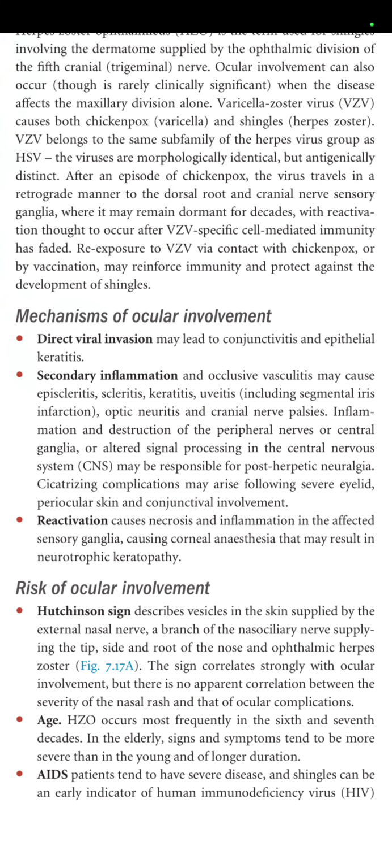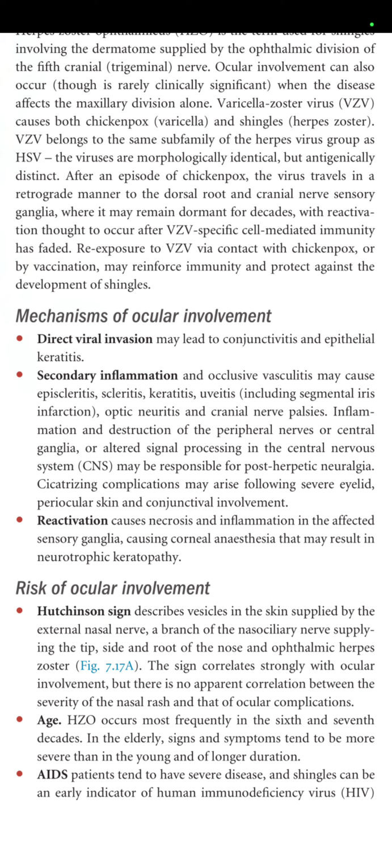Secondary inflammation and occlusive vasculitis may cause episcleritis, scleritis, keratitis, uveitis, including segmental iris infarction, optic neuritis, and cranial nerve palsies. So it causes a number of distinct diseases.